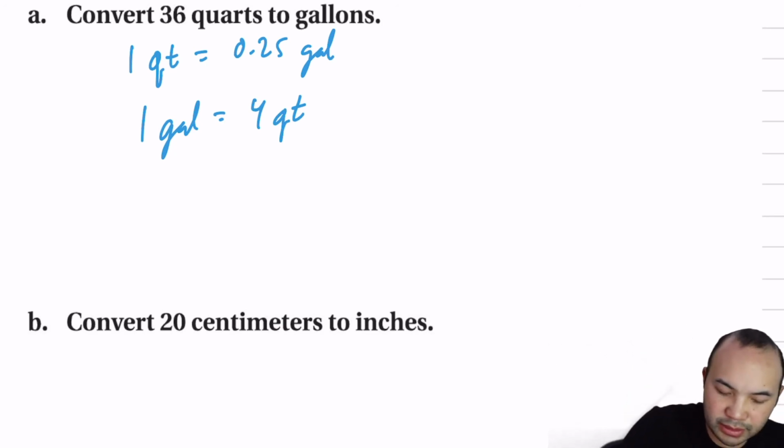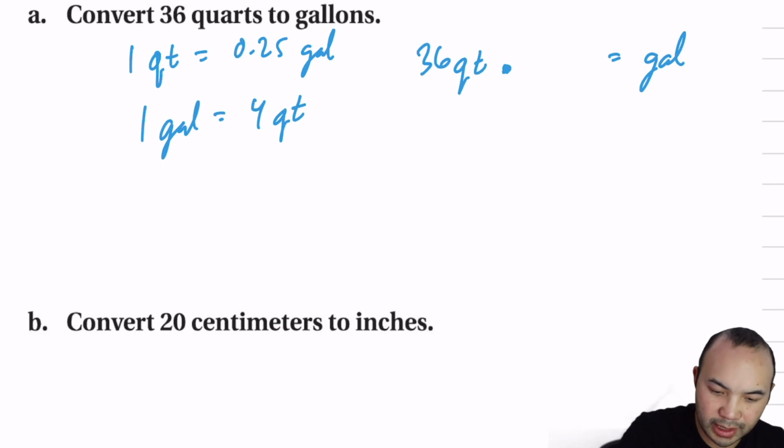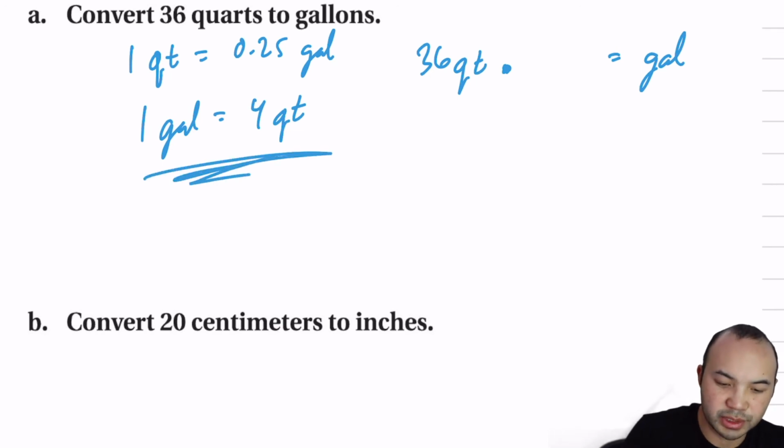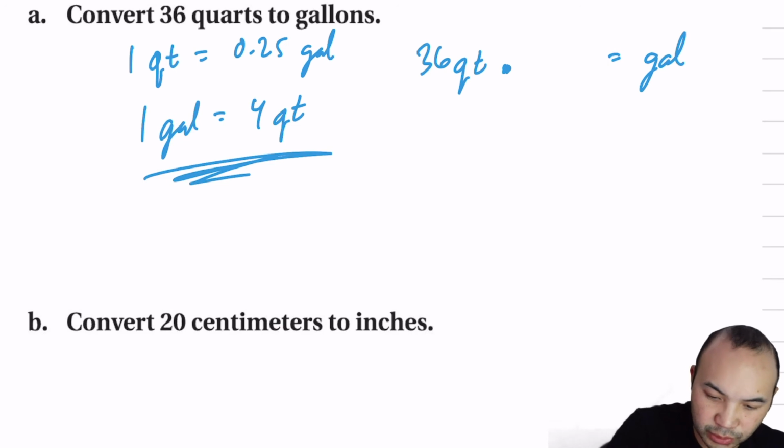So you're going to say 36 quarts, right? I have 36 quarts and I want to multiply this by some kind of conversion factor to equal gallons. So how can I do this? Well, maybe I'll use this one because I don't want to mess with a decimal. So 1 gallon equals 4 quarts. I'm going to put quarts on the bottom because I want that to cancel out, and 1 gallon on top.